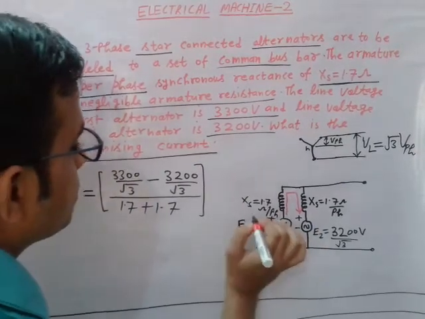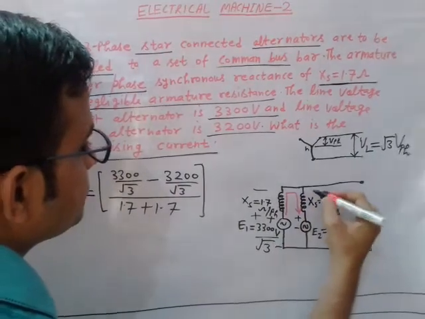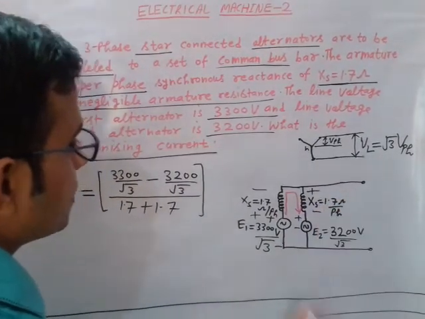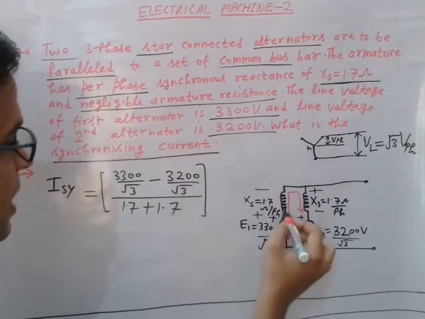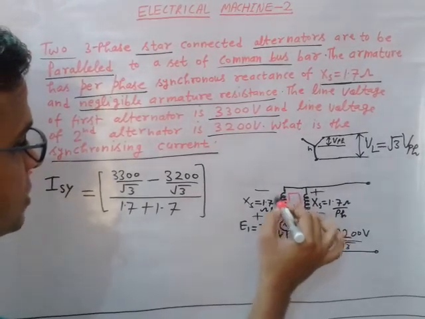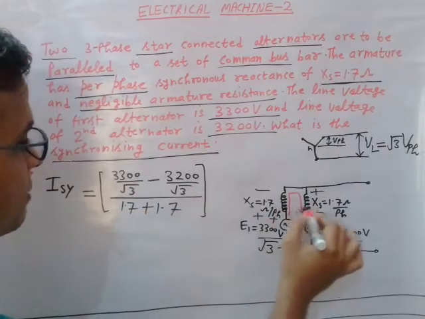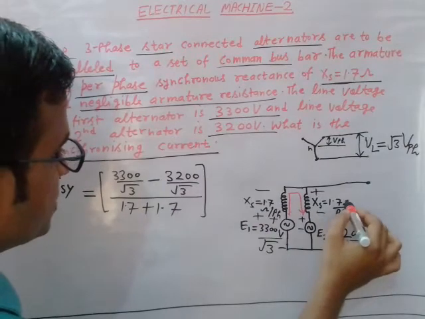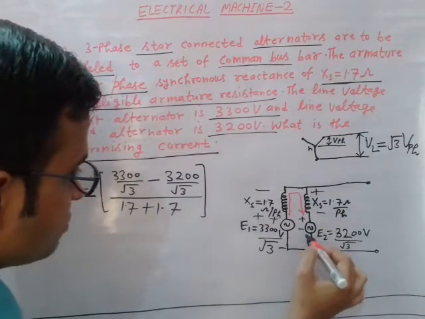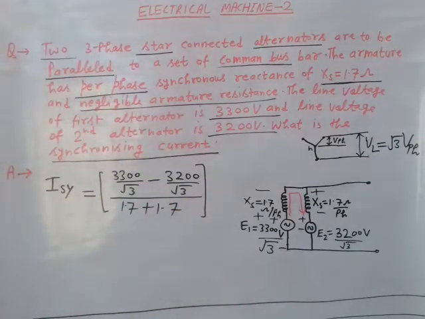When you apply KVL, E1 minus I_SY times 1.7 minus I_SY times 1.7 minus 3200 by root 3 equals zero, and you get this synchronizing current.